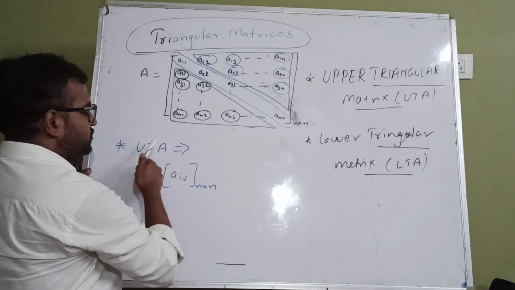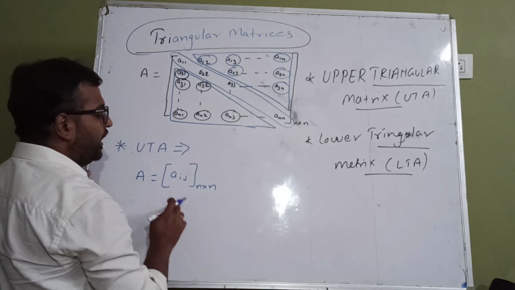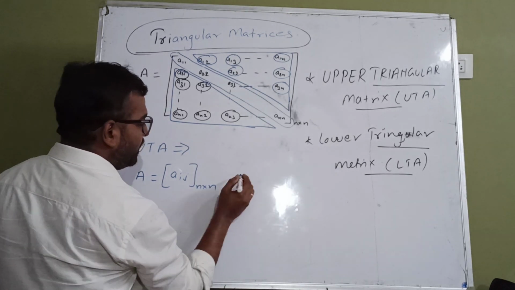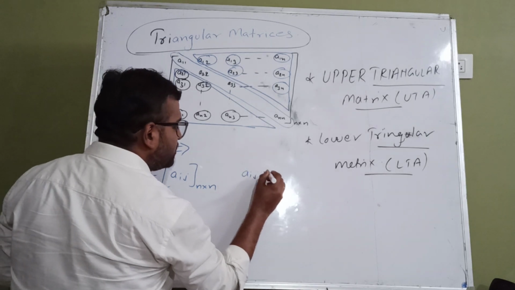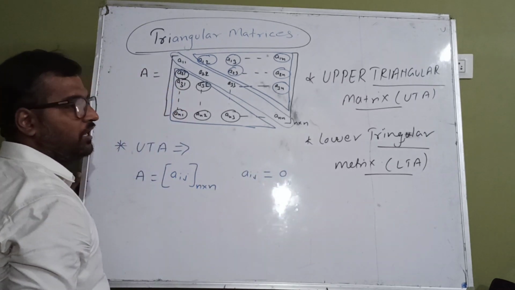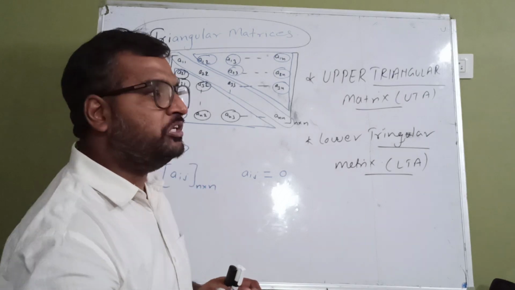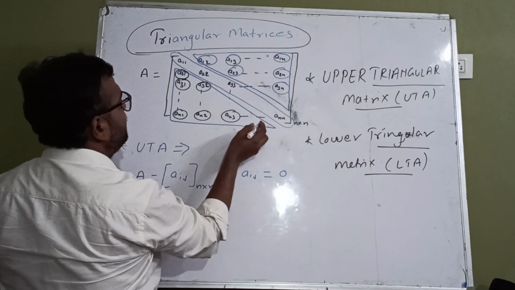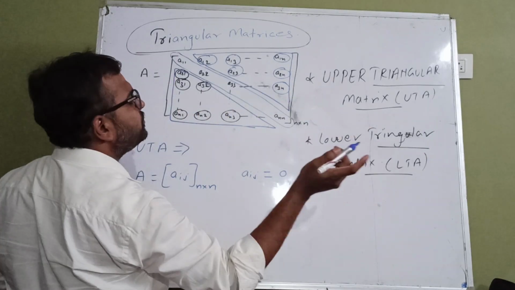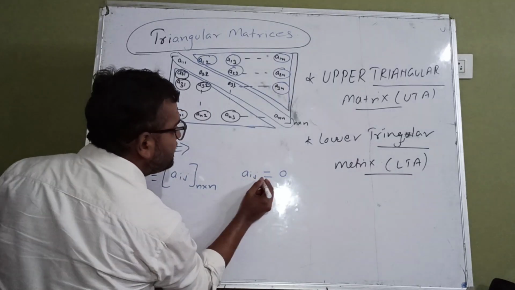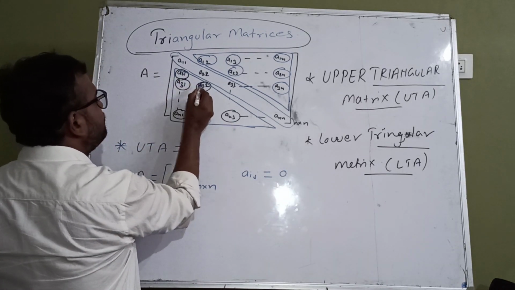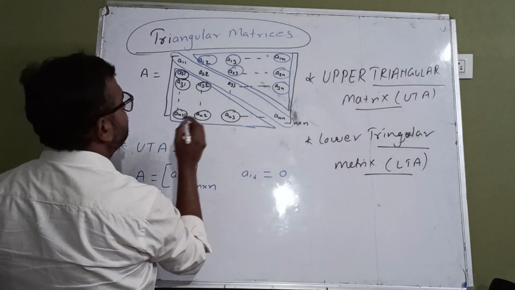So a square matrix [aij] n by n is said to be an upper triangular matrix if aij equals 0. See from the figure, for the upper triangular matrix which aij must be 0? Which elements must be 0? a21, a31, a32, an1, an2, an3.